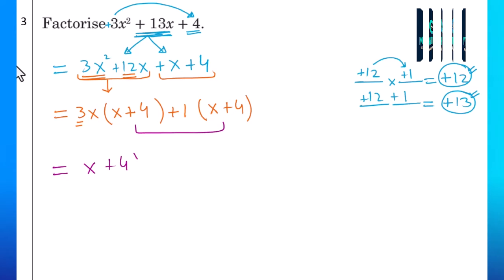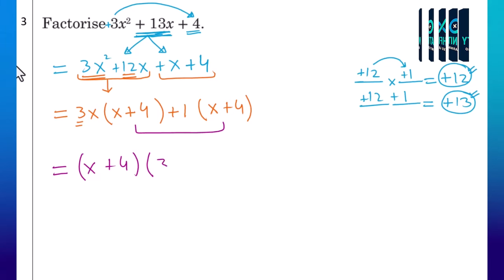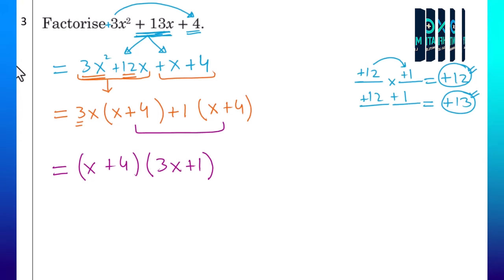x plus 4 is one of the factors, and 3x plus 1 is another factor. If you want to check your answer, when you multiply them, you will get the same result as the given question.